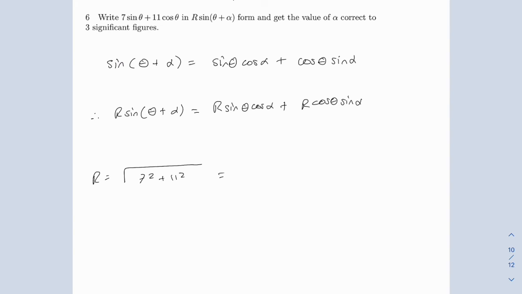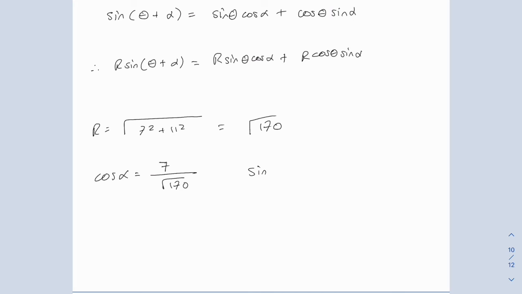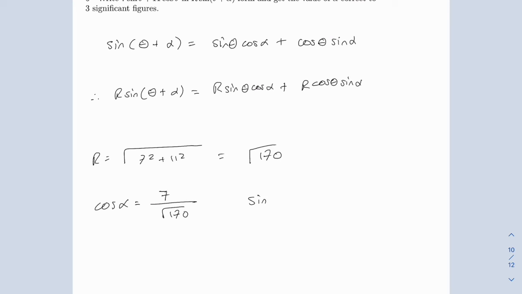And that's going to give me a value of root 170. And so we can say that cos alpha is equal to 7 over root 170, and sine alpha is going to equal 11 over root 170.